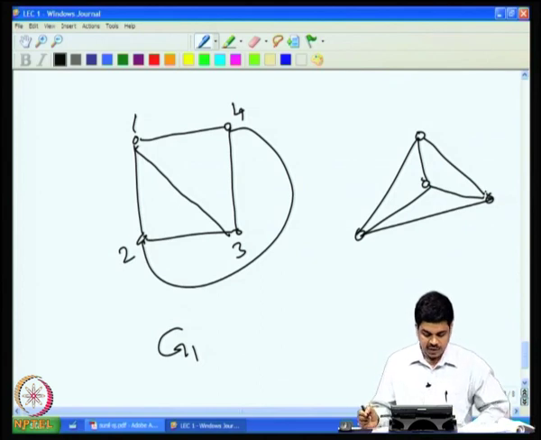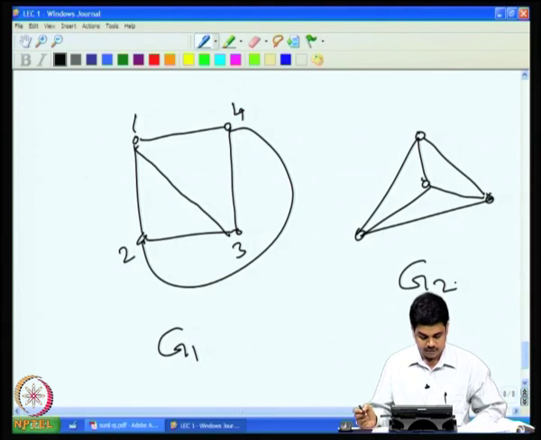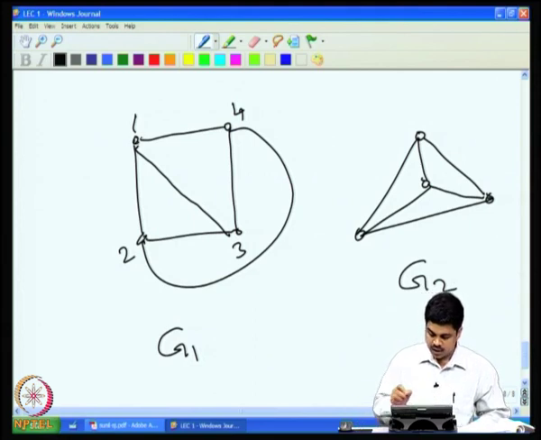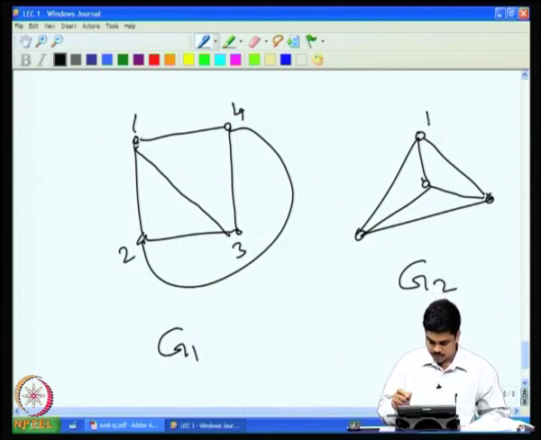At first look, these two seem to be very different graphs, but in fact this 1 can be mapped to this 1, this 4 can be mapped to this one, and 3 can be mapped to this. In other words, this triangle comes here, and 2 can be mapped to this.